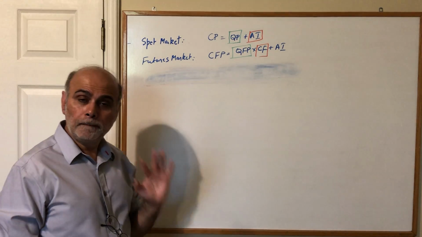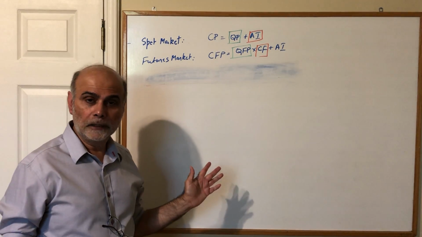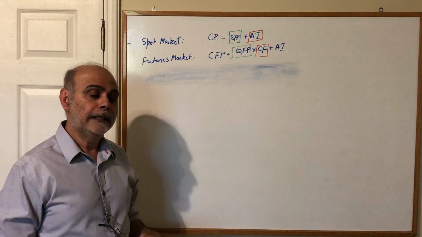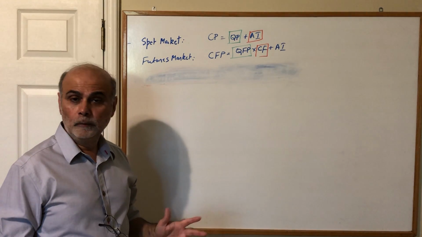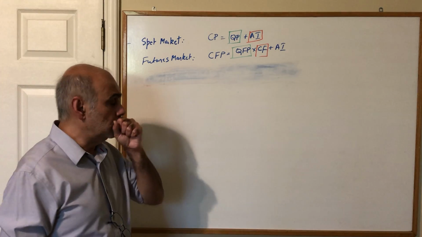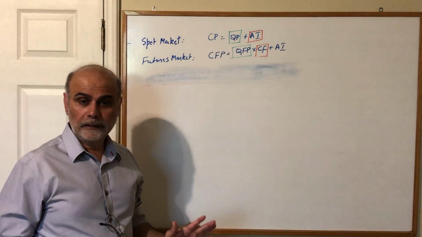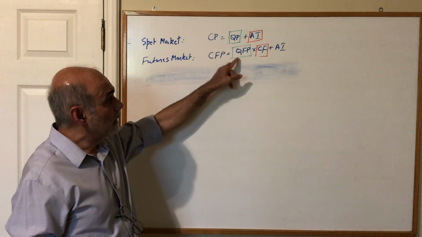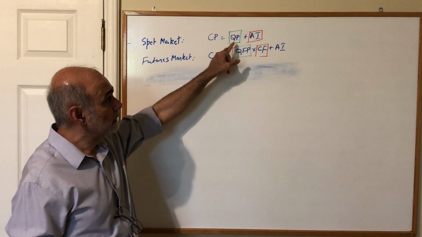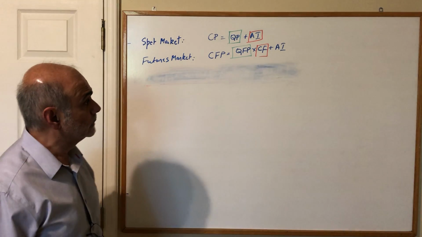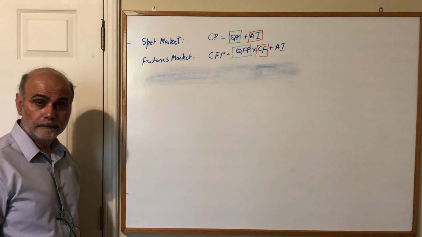Now, in the spot market, we have thousands of treasury bonds, and what we observe on the Bloomberg system, for example, are the quoted prices of all the bonds out there. So these two are observable. Those are the observables.